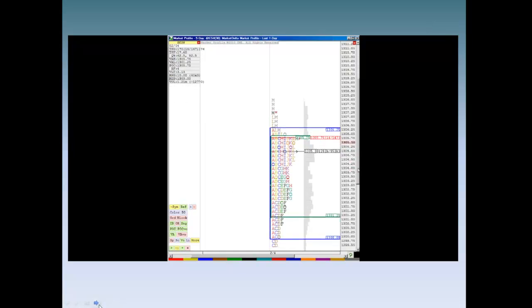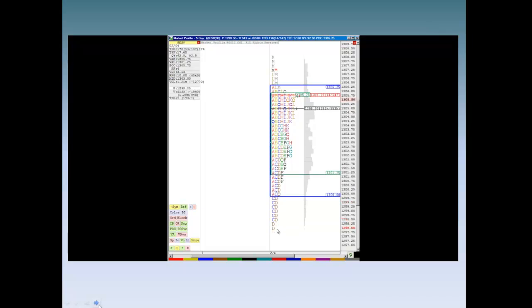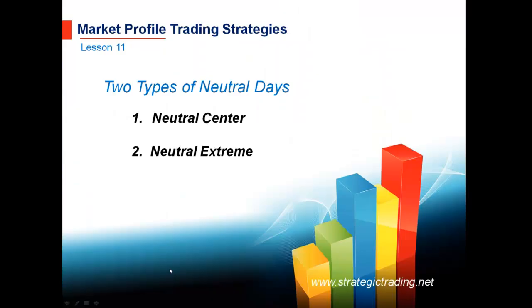All right, let's move on here. Now, to make things a little bit more complicated, a neutral day also has two types. So it's not just one type of a neutral day.